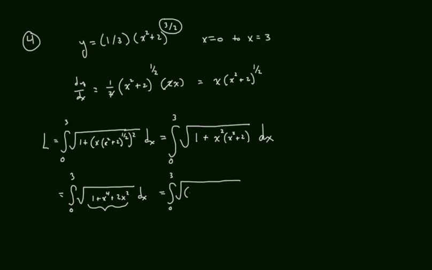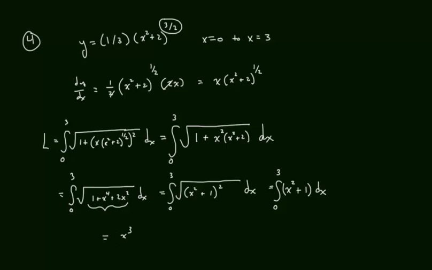It's the quantity x squared plus 1, squared, dx. So then the square and the square root cancel each other out, and we have the integral from 0 to 3 of simply x squared plus 1 dx, and that is a pretty easy evaluation.